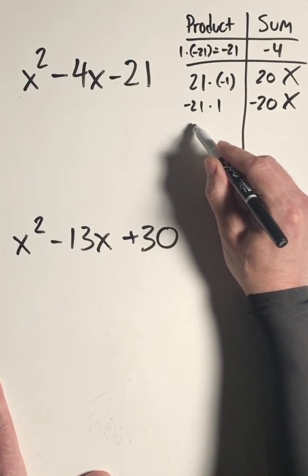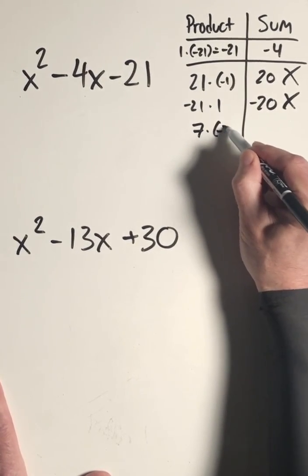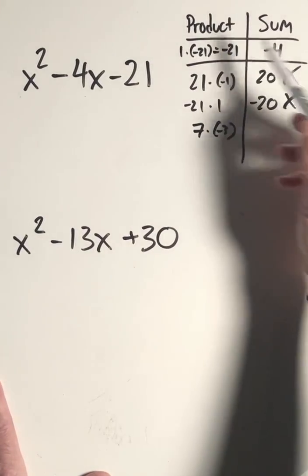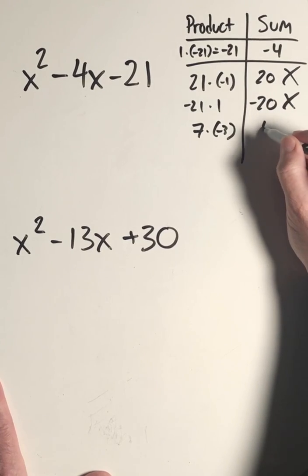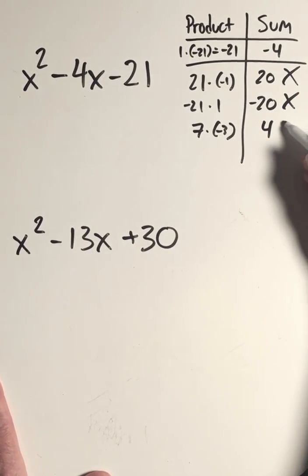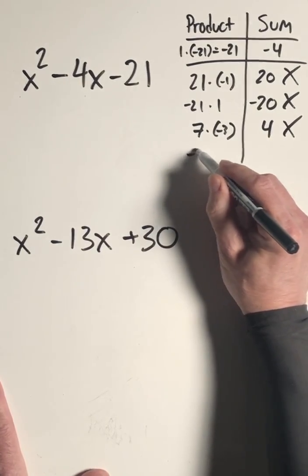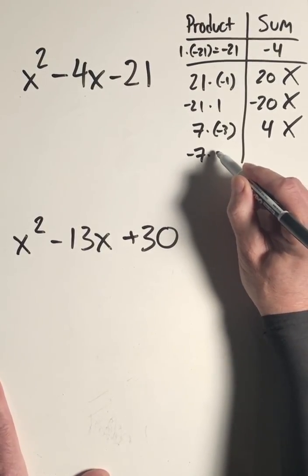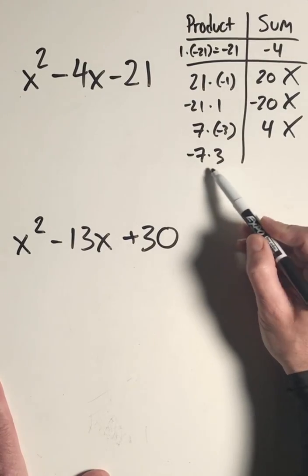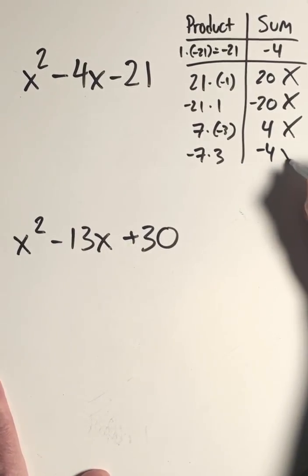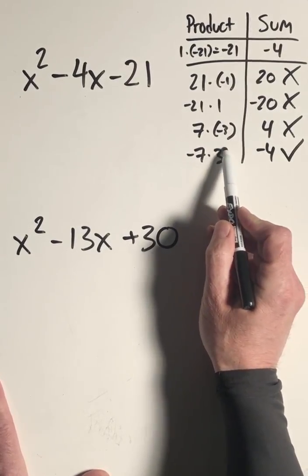I could have 7 times negative 3, which multiplies to negative 21, but adds up to positive 4, which is not the same as negative 4. So these aren't the two factors either. When I reverse the signs and take negative 7 times positive 3, which multiply to negative 21, these do add to negative 4, so I know I have the right combination.